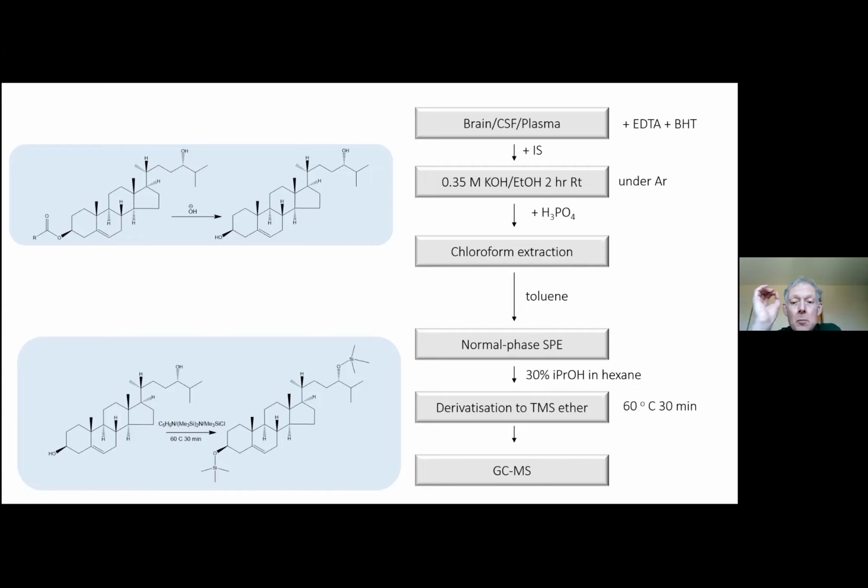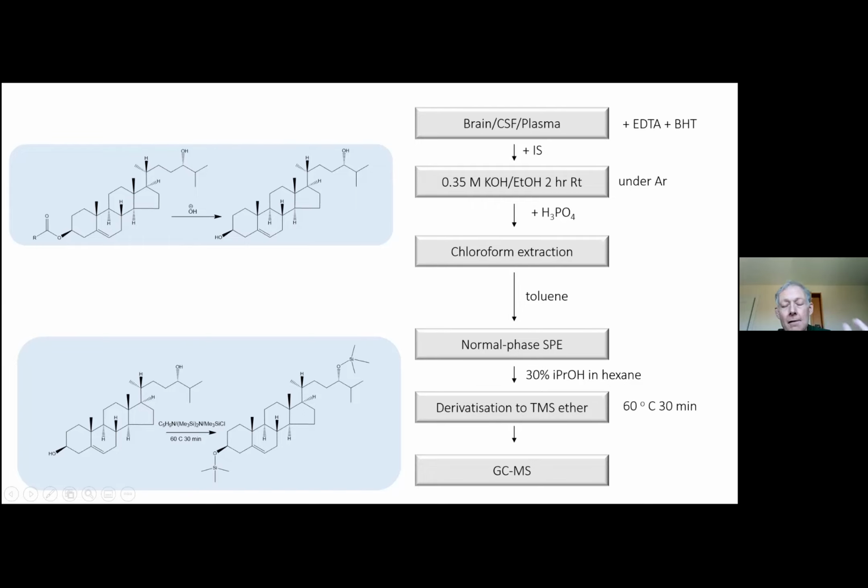They then do normal phase extraction. So, yes, not normal phase, solid phase extraction. This is very important, and it allows them to separate the oxysterols from the cholesterol, which is going to be in 1,000-fold excess. As they're doing normal phase SPE, the cholesterol and the cholesterol precursors will come off the column first, and then the oxysterols, because they're more polar, will come off later.